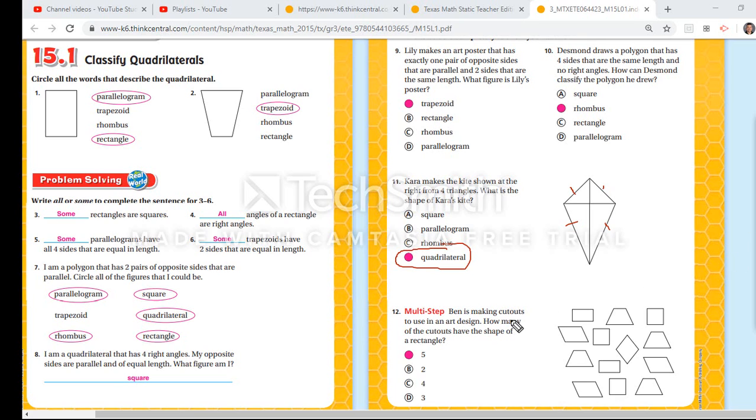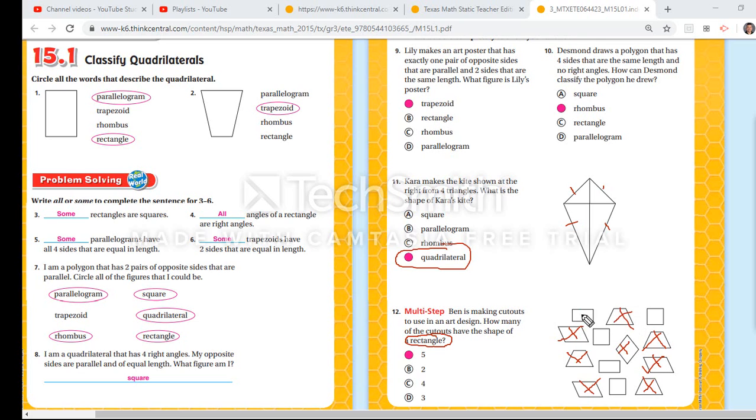The last one. Ben is making cutouts to use in an art design. How many of the cutouts have the shape of a rectangle? So now we have to know what a rectangle is. Okay, so we know it cannot be a rhombus. We know, and a trapezoid. Rhombus, trapezoids. This one, this one, this one, this one.